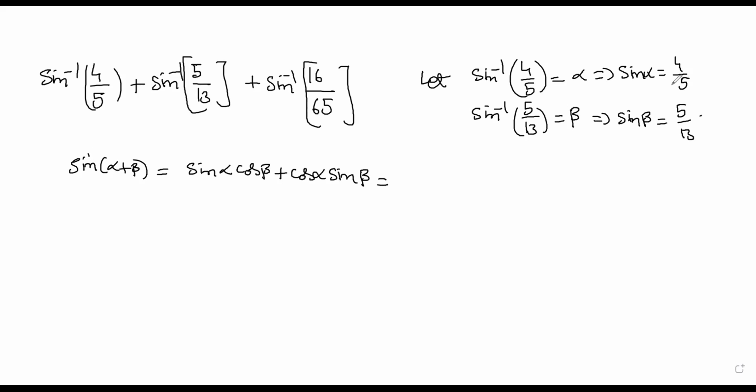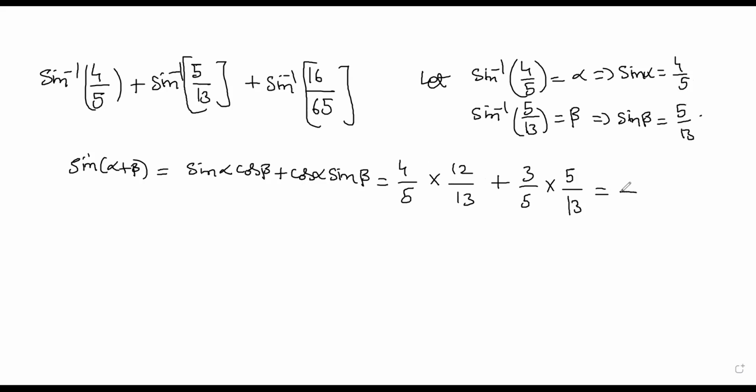Sine alpha is 4 by 5 and cos beta is 12 by 13. 5, 12, 13 is the right angle triangle. And next, cos alpha is 3 by 5 and sine beta is 5 by 13.